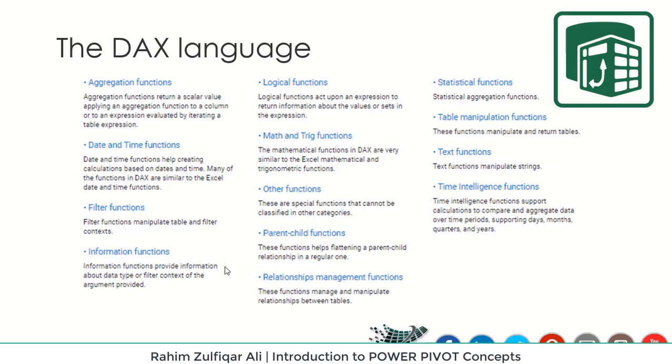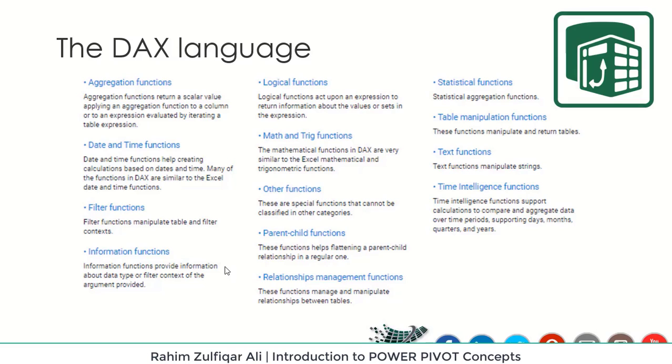So DAX is a language, and you need to learn this language. There are some categories. As an Excel user, if you have ever used VLOOKUP, it pertains to the reference function category. If you have used left, mid, right, trim, upper, lower, these relate to the text function category.